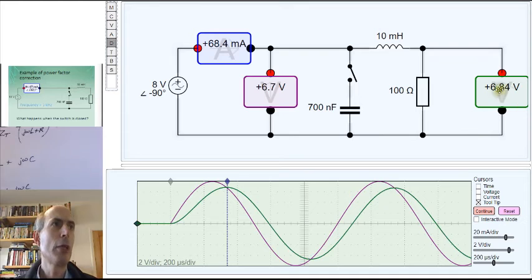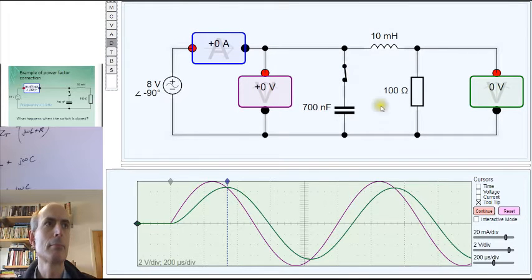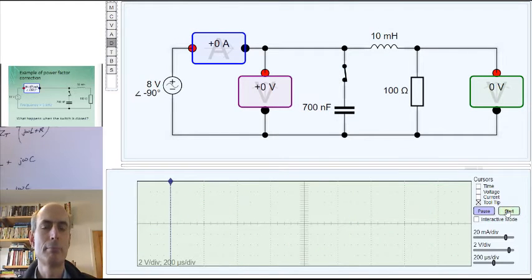So, in order to get 6.84 volts across my resistor doing useful work, I have to send a maximum of 68.4 milliamps through this network. Remember that value, 68.4. However, supposing I switch in this capacitor and I run it again.